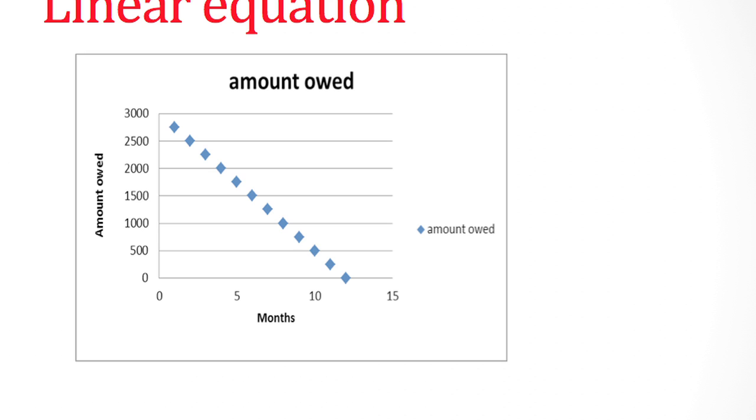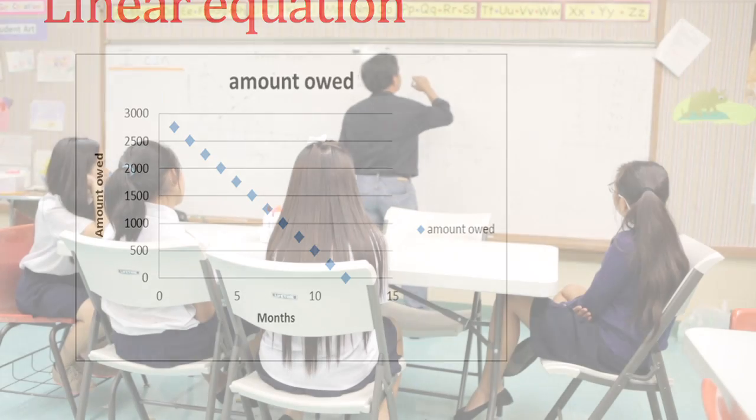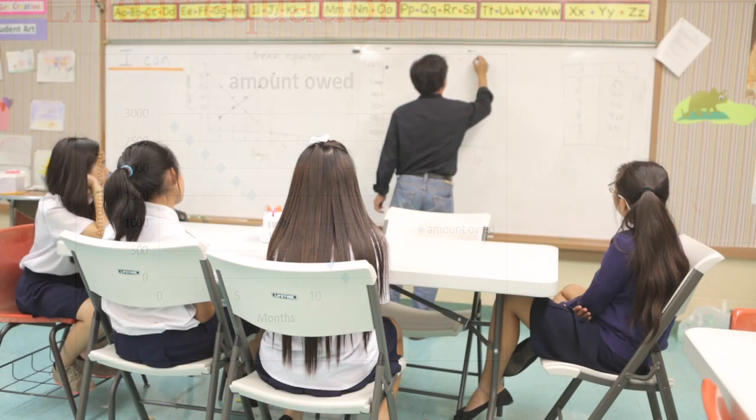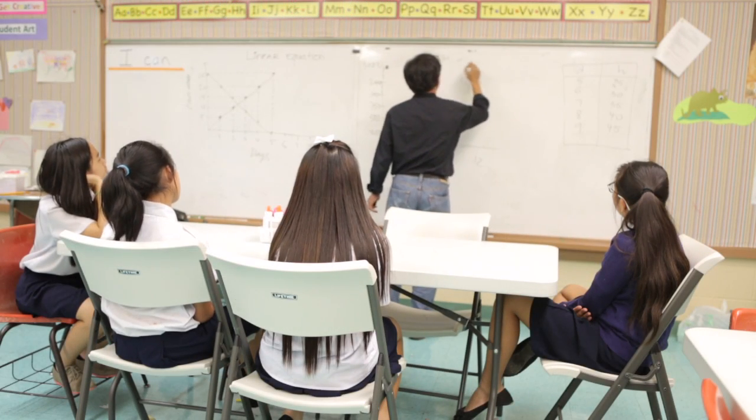Month, I'm gonna use M to represent month. 1 month, 250, equal 250, right?